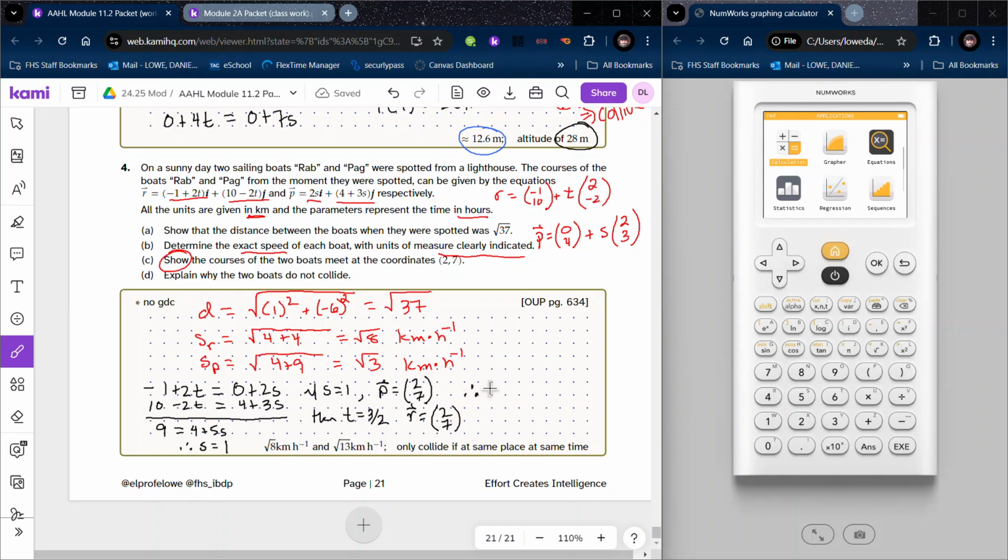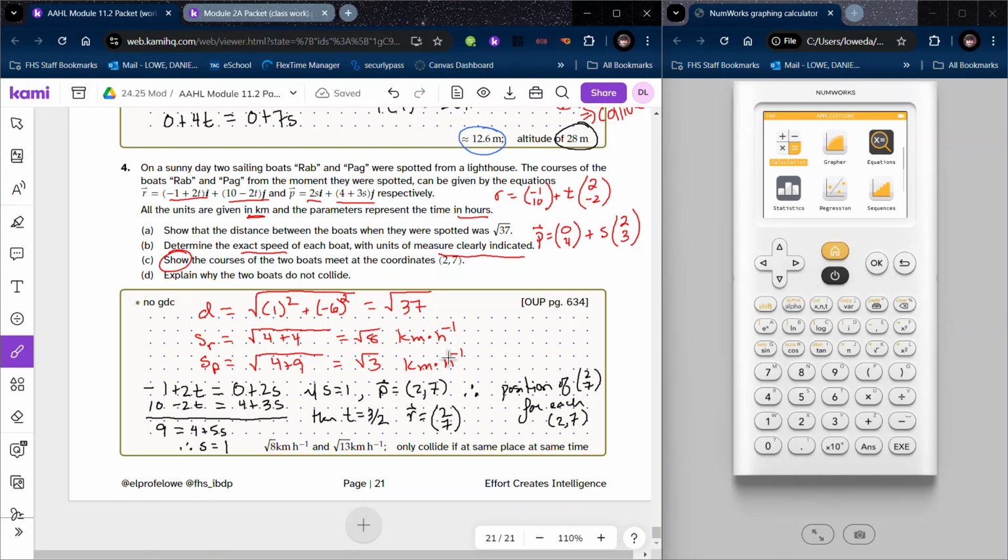So therefore, position of 2, 7 for each. And we could give it as a coordinate point in that form as well. Probably better to write it so that we don't think that it's a directional vector.